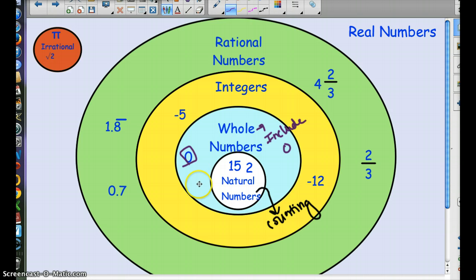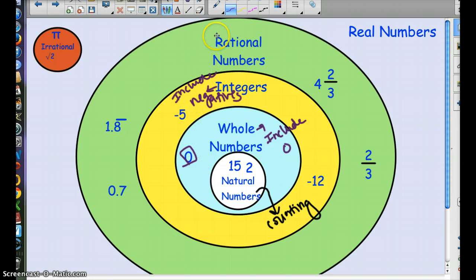Now we're going to step it up a notch and we're going to have the integers. The integers are your counting numbers with 0, and now we're going to include negatives. So now we have counting numbers, we have 0, and we have negatives involved.